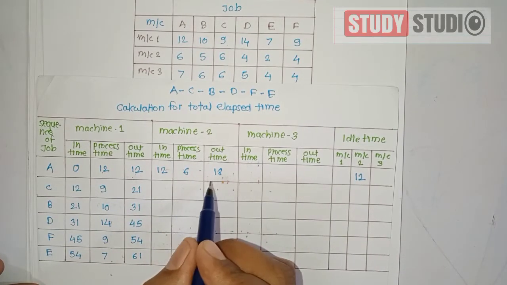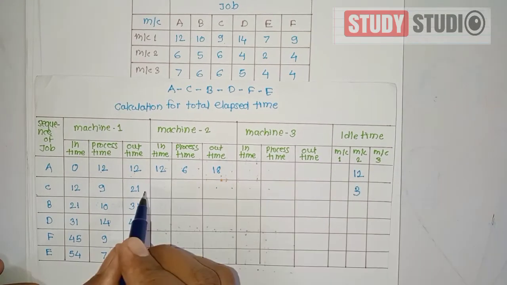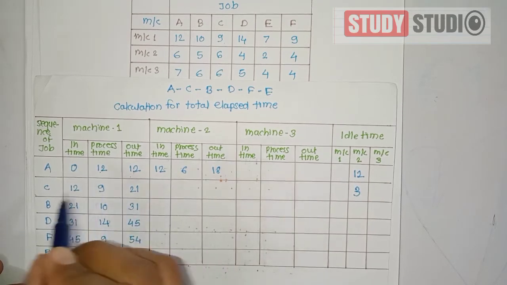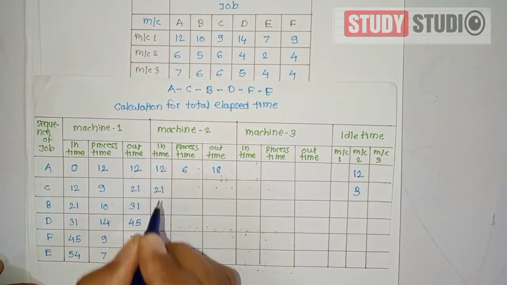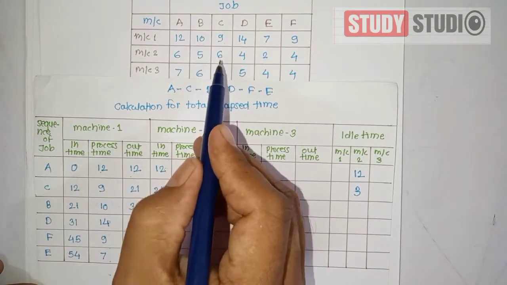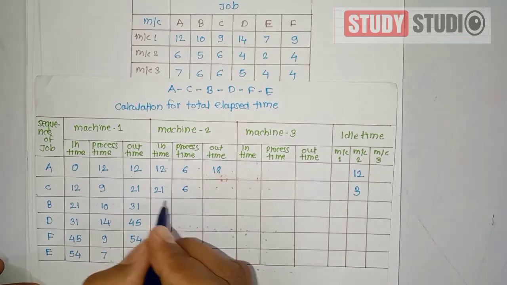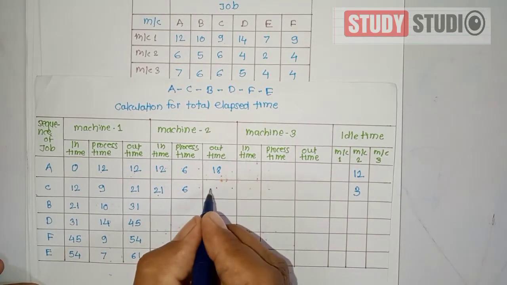So this 3 hours is the idle time for machine 2. Carry this 21 as it is as the in time for job C on machine 2. So 21 I'll write over here. Now the processing time of job C on machine 2 is 6 hours. So carry this 6. Now out time will be 21 plus 6, that is 27 hours.